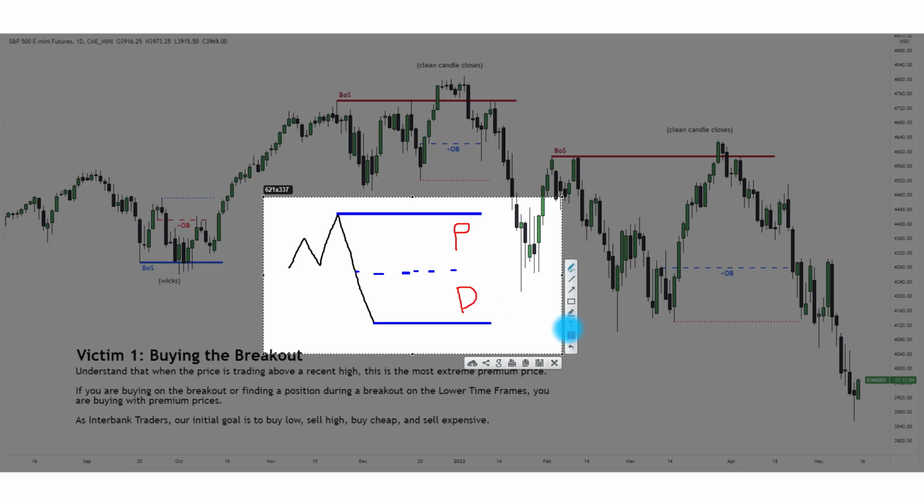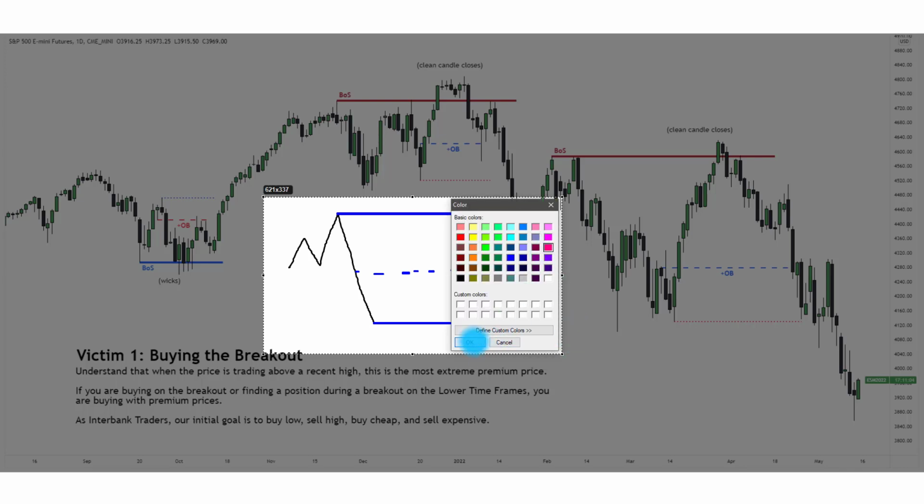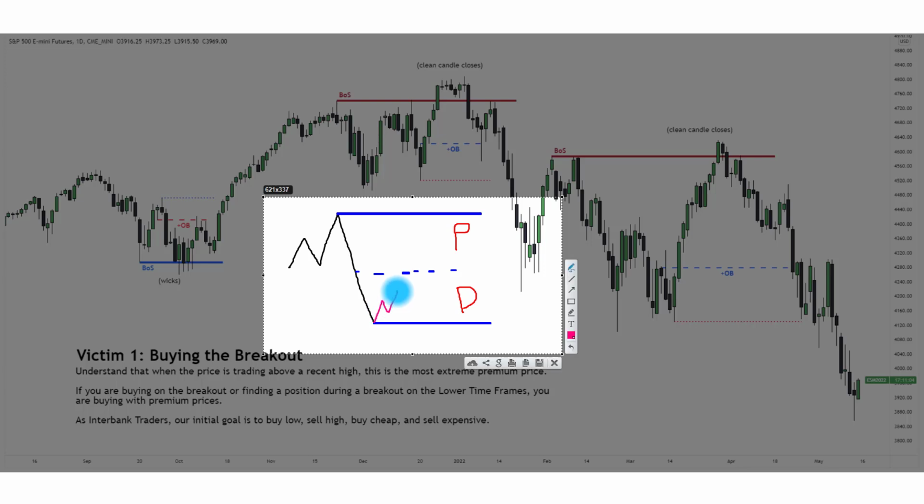But once price starts breaching above into premium, and it doesn't stop, it goes for the high here, that's what we consider very extreme prices, because that's where retail traders start buying at a premium price because they're chasing it now.